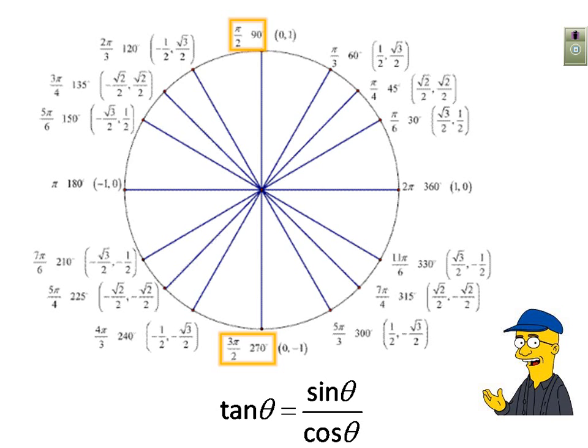Then we want to also note that wherever sine is equal to 0, that's where tangent is equal to 0. And that occurs at two places on the unit circle at first, at 0 and at 2 pi. So two places there. And then over here at pi and 180. So at 0, pi, and 2 pi.